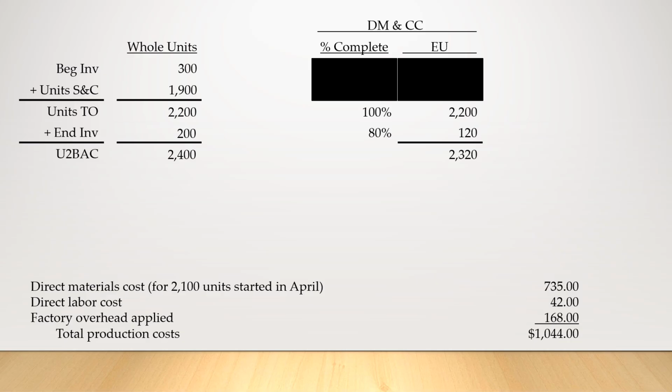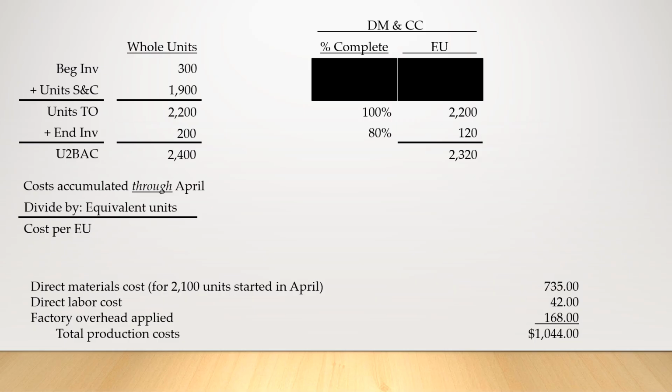Next, we calculate cost per equivalent unit. Costs accumulated through the end of the period, $1,044. Units to be assigned costs, 2,320 units. The cost per EU, 45 cents.